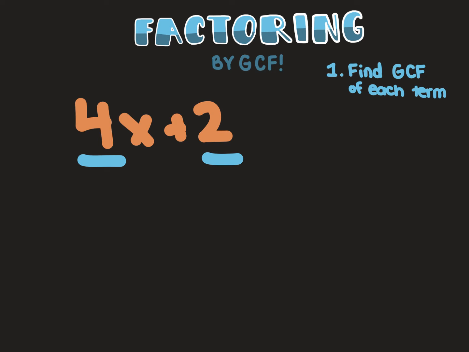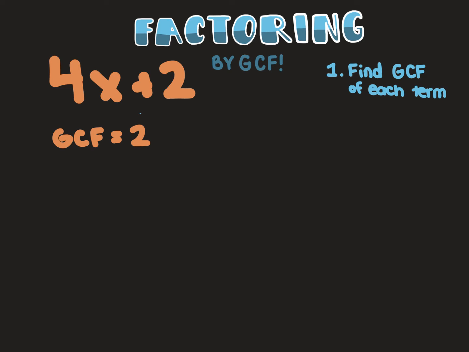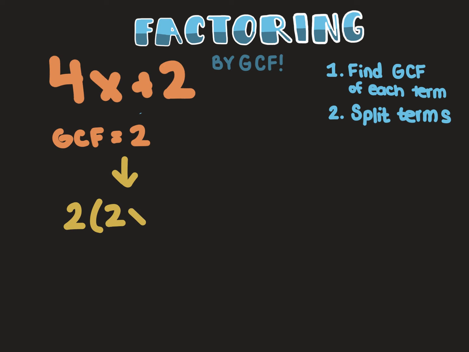So our GCF is going to be 2, right? So next, we're going to split each term into its factors using that greatest common factor. So 4x plus 2 turns into 2 times 2x plus 2 times 1.